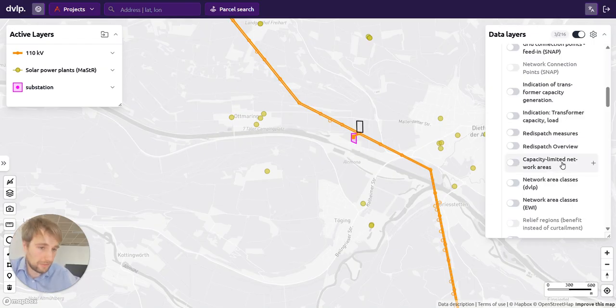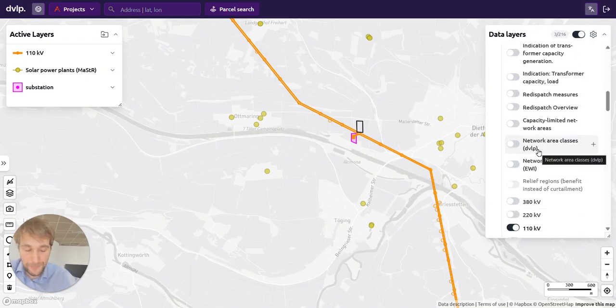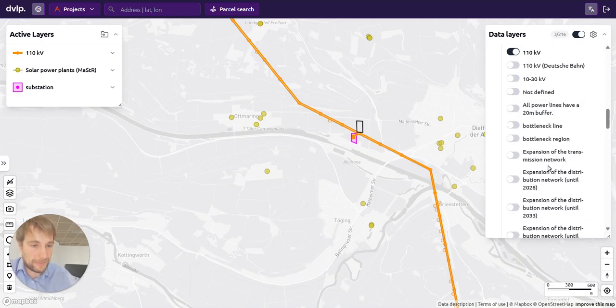However, now, very important, usually strong bottlenecks are, of course, also the basis to expand the grid. So it's very important that we have a look at the grid expansion measures as well, to assess potential future opportunities to connect our project.